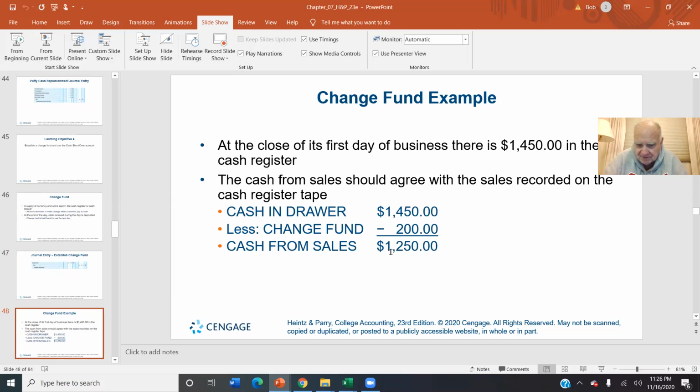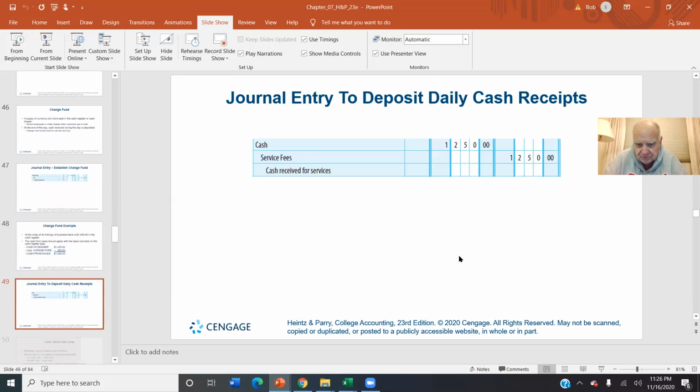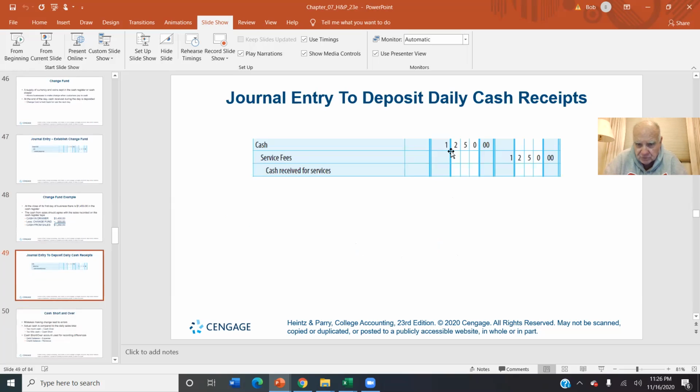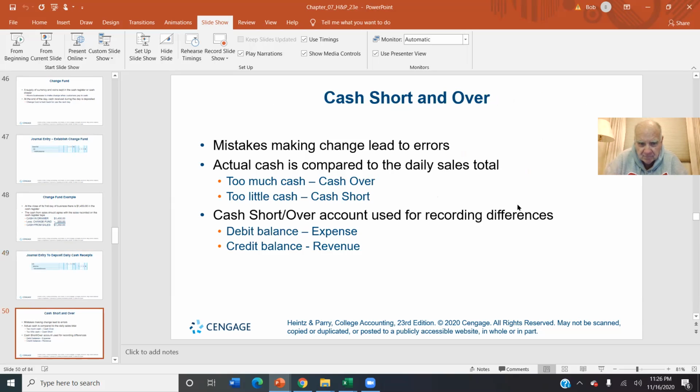That is our debit to cash, $1,250. We're going to debit cash $1,250, and we're going to credit sales, or we're going to credit meals, or whatever the restaurant. I'm always thinking in terms of a restaurant. You know, this will be dinner revenue or something. Okay, came out perfect.